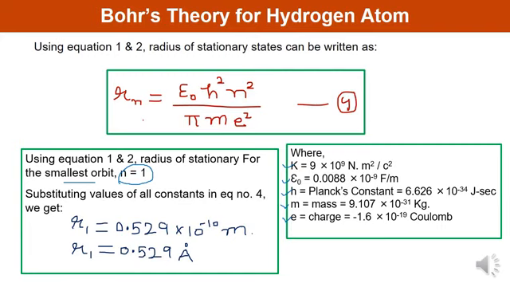This is the radius, and if you are calculating the diameter, it will obviously be twice the radius. So this will be 2 into r1, where r1 is given. If you calculate, it would be approximately 1 Angstrom.